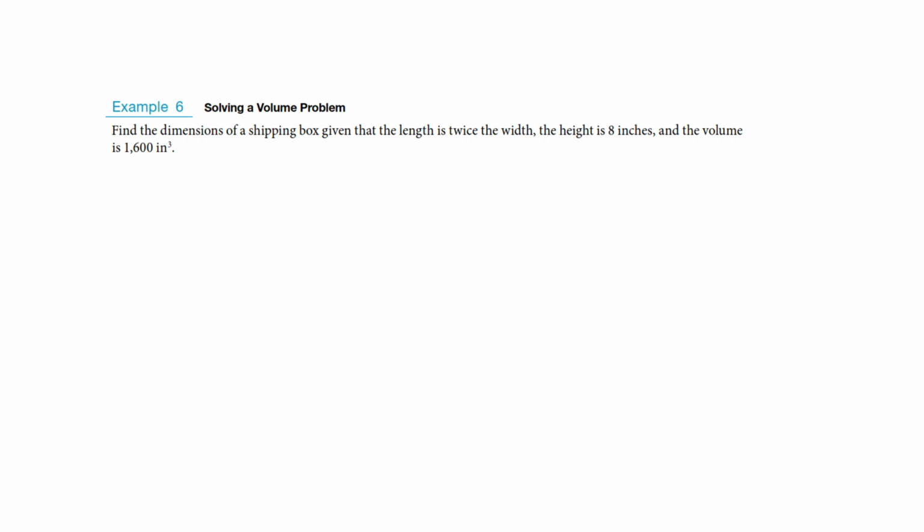Okay, this one's unusual that we're doing the volume, and it's a box. So the volume here is going to be length times width times the height. So we're still doing the same thing. We've got our length and our width, and we're going to build one of them off the other. Well, I don't know the width, but the length is twice the width.